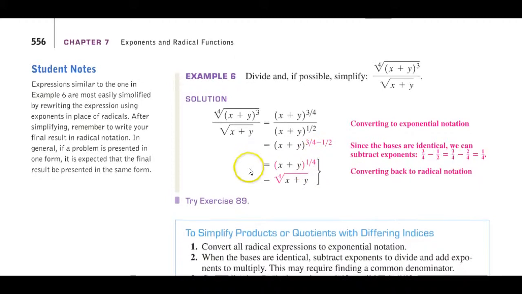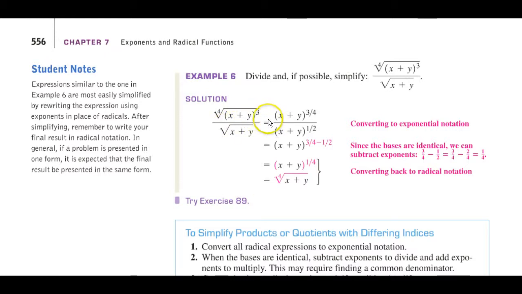Okay, this is something we haven't done recently. And it is a sort of division where your index number here is 4 and your index number here is 2.